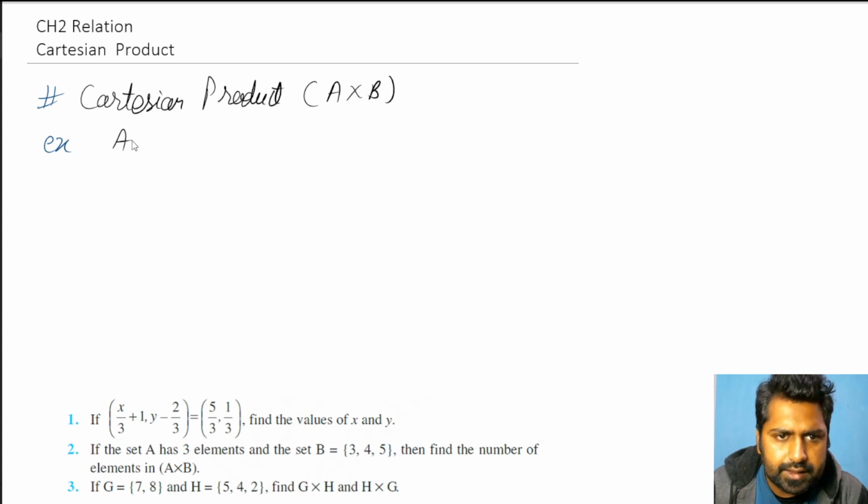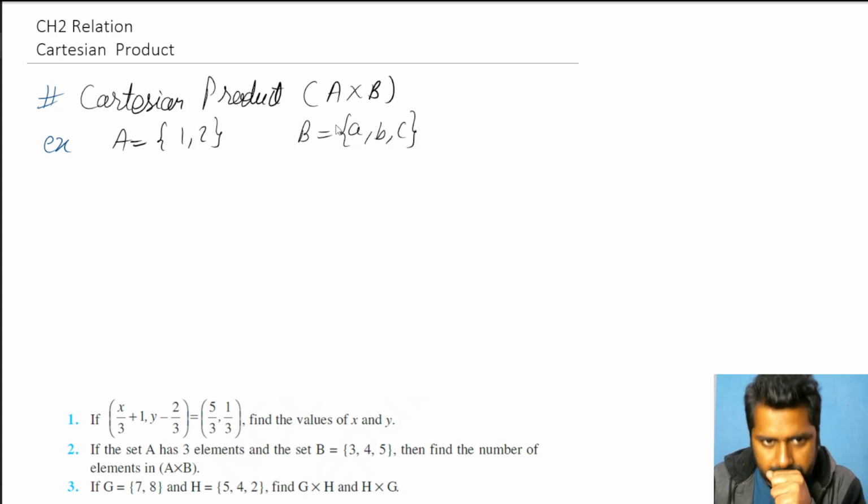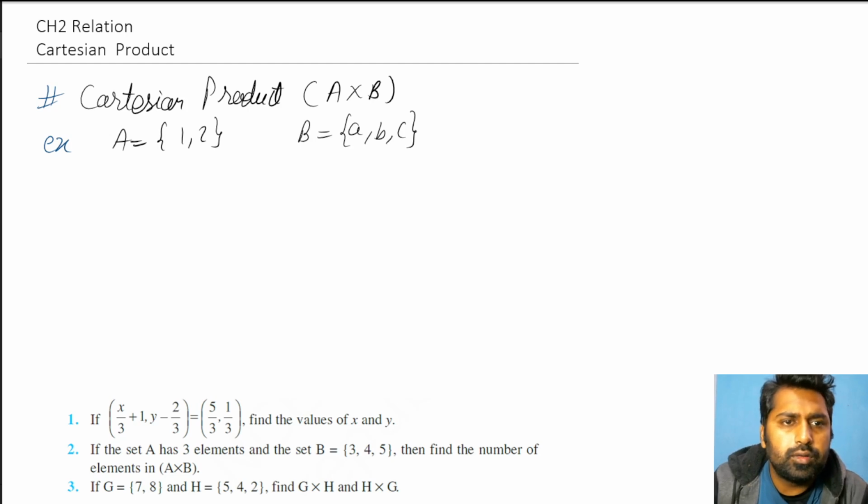Let's take set A as {1, 2}, and let's take set B as {a, b, c}. Now if I have to do A cross B, first of all, for the Cartesian product, I have to write elements of A and elements of B in ordered pairs. That means I first take one element of A and combine it with one element of B. So that will create one ordered pair.